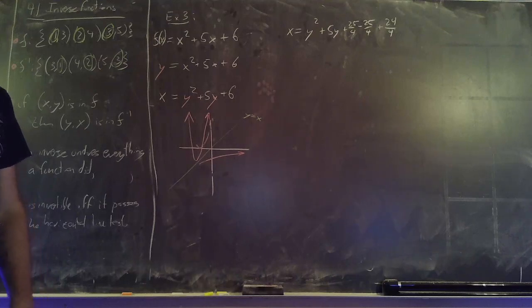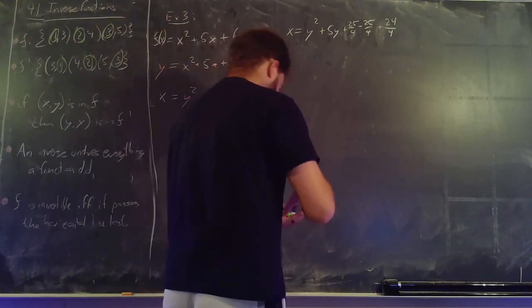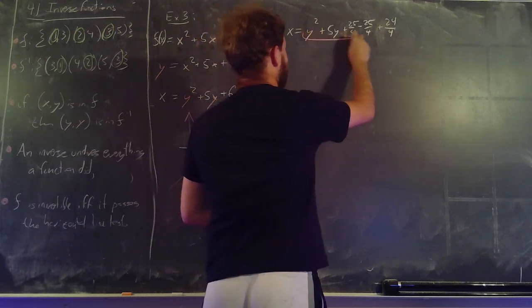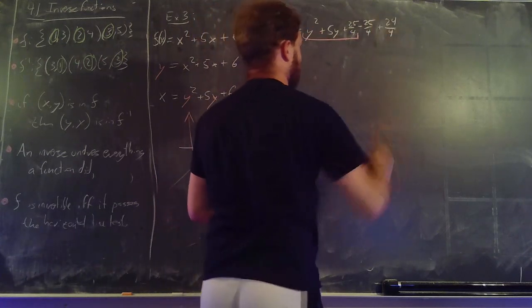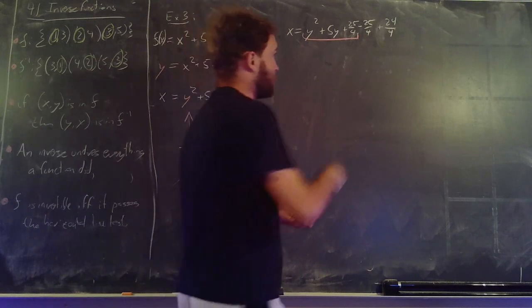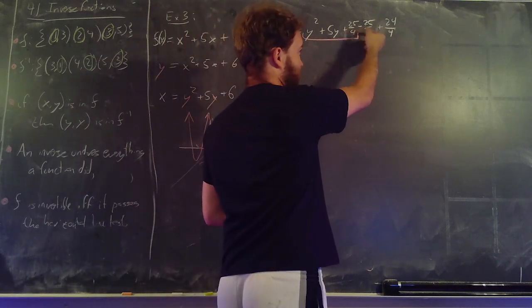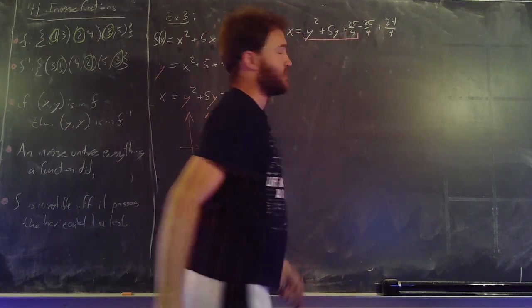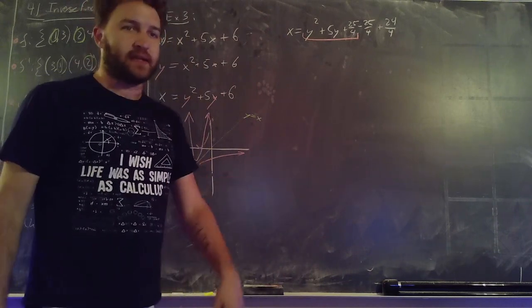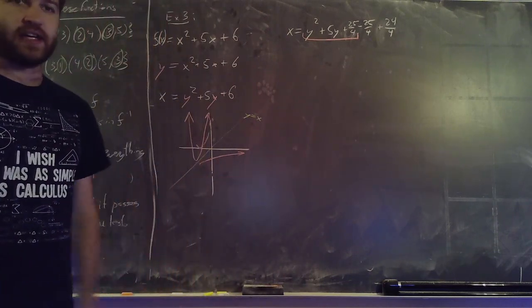And then remember what the point of doing this is: if I consider the quadratic portion right here, ignoring those extra constants out to the side, the minus 25 fourths is just to make sure that I'm basically adding 0, and the plus 24 fourths is just like the constant on the outside of the vertex form.